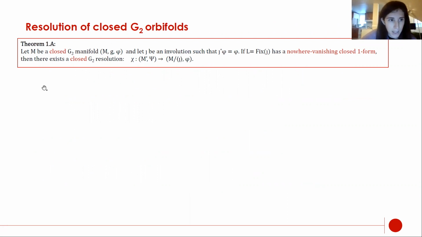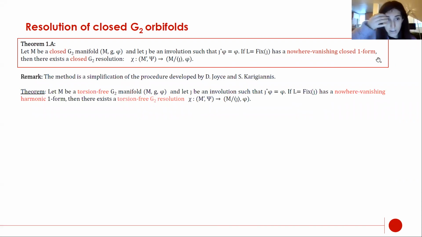The first one states that in the setup that I mentioned before, that is, having a closed G2 structure with an involution, when we consider the orbifold, which is the quotient of the manifold under the involution, we can perform the closed G2 resolution in the case that the fixed locus of the involution, which is the singular locus of the orbifold, has a nowhere vanishing closed one-form.